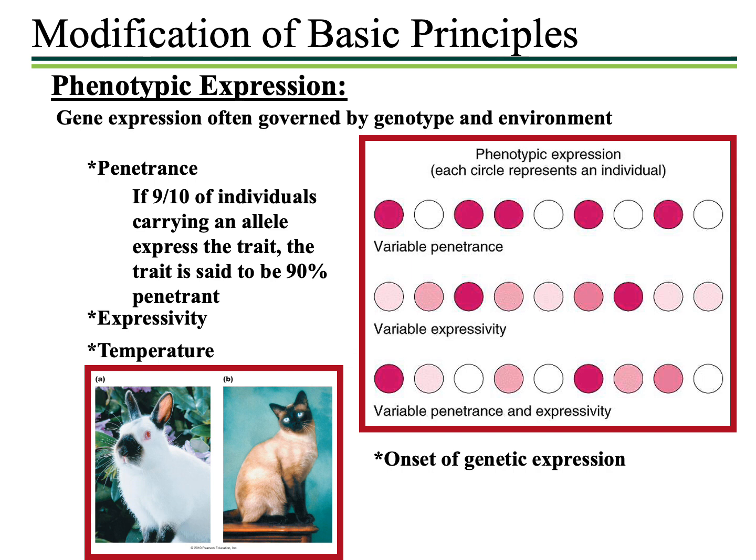The next example is expressivity. Now, expressivity deals with the degree or range in which a phenotype for a given trait is expressed. This is a qualitative term. The degree an allele is expressed when it is expressed. So in the middle example, what you're looking at is variable expressivity.